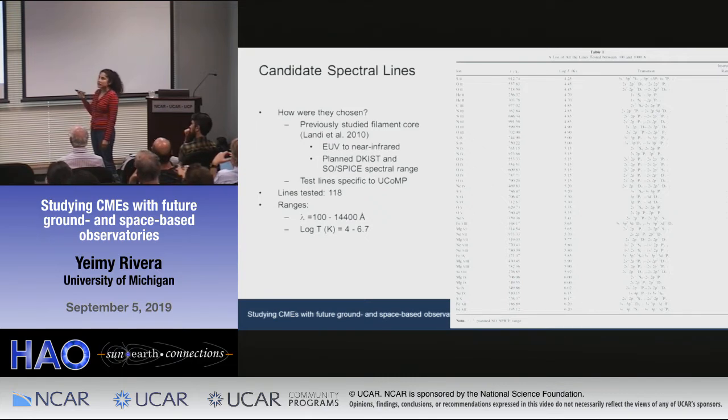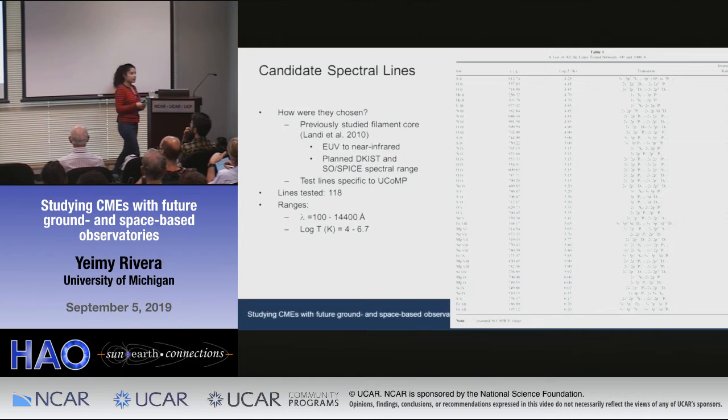There were a total of 118 lines that we looked at that ranged between 100 to just over 14,000 angstroms to encompass the entire range, with a formation temperature from 10,000 to just over 5 million Kelvin to really look at the evolution and the heating in the plasma.